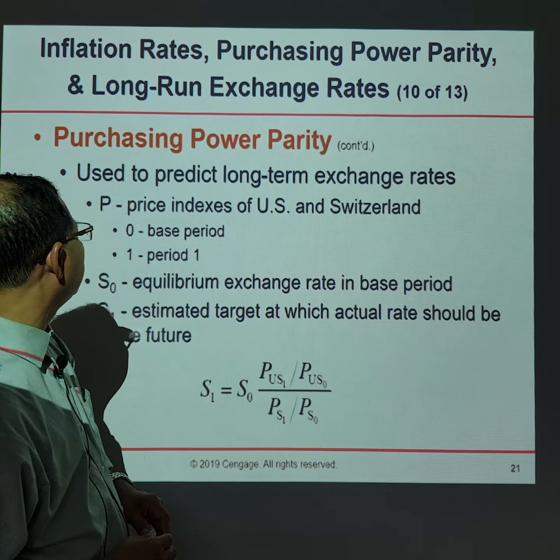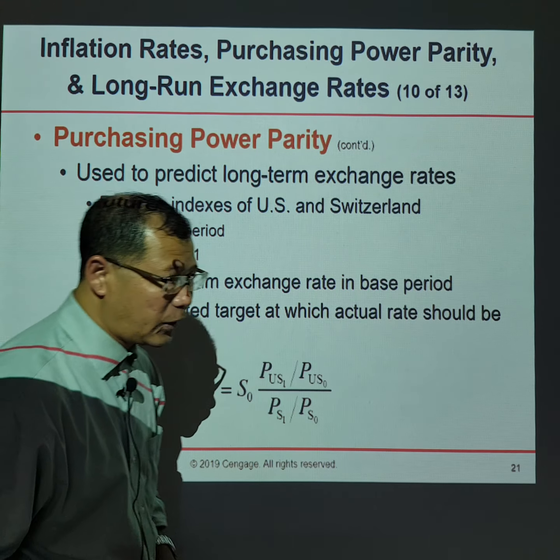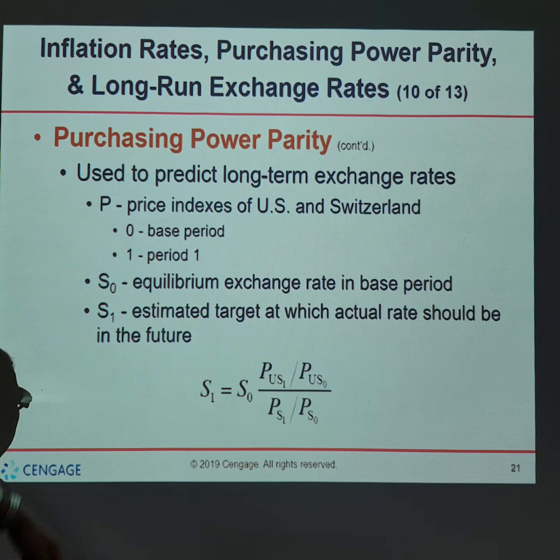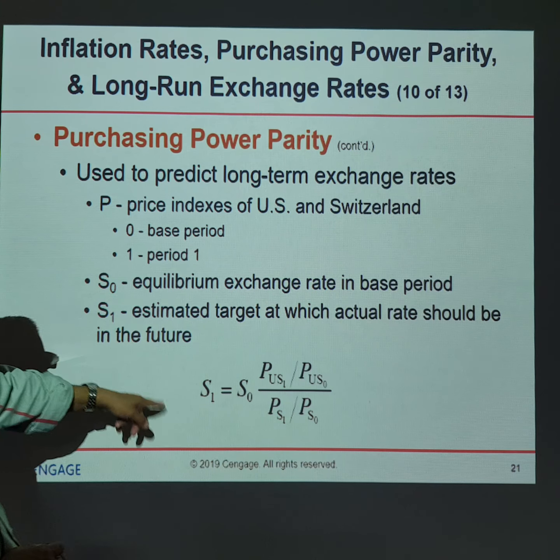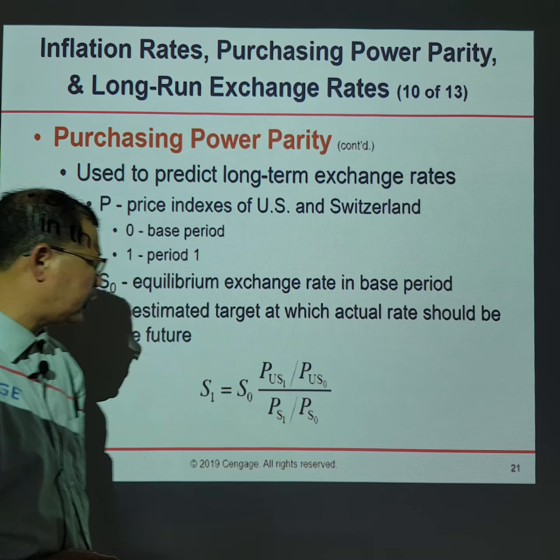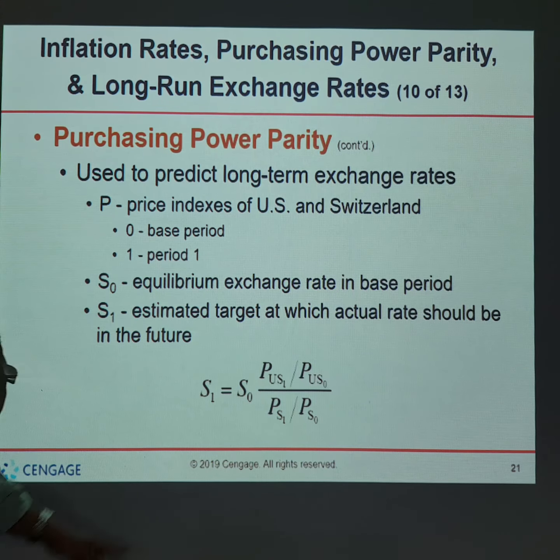Purchasing power parity is used to predict long-term exchange rates. We have the formula here. This is S1, the estimated target at which the actual rate should be in the future.